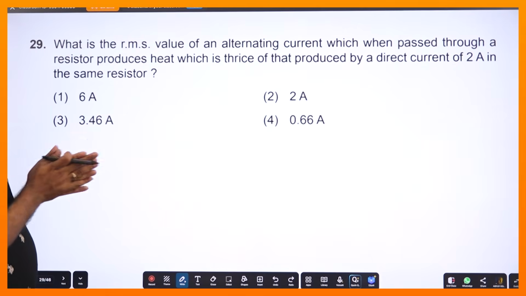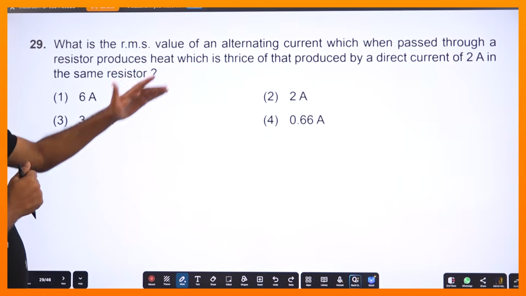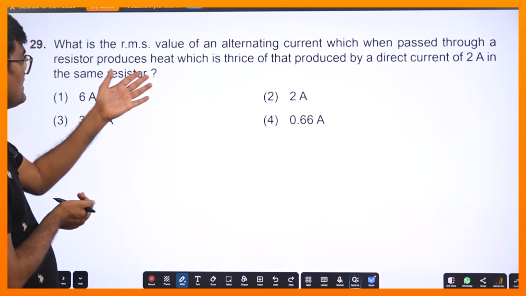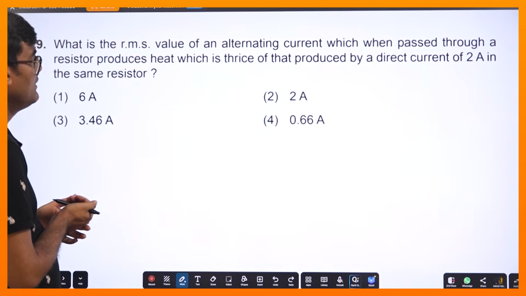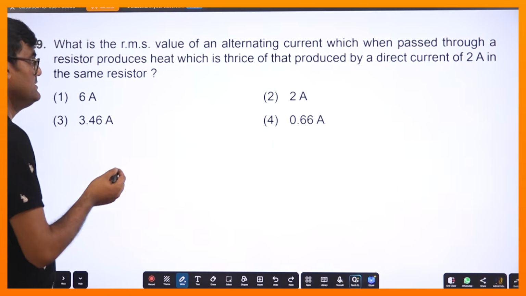What is the RMS value of an AC current which, when passed through a resistor, produces heat which is thrice that produced by a direct current of 2 ampere in the same resistor?